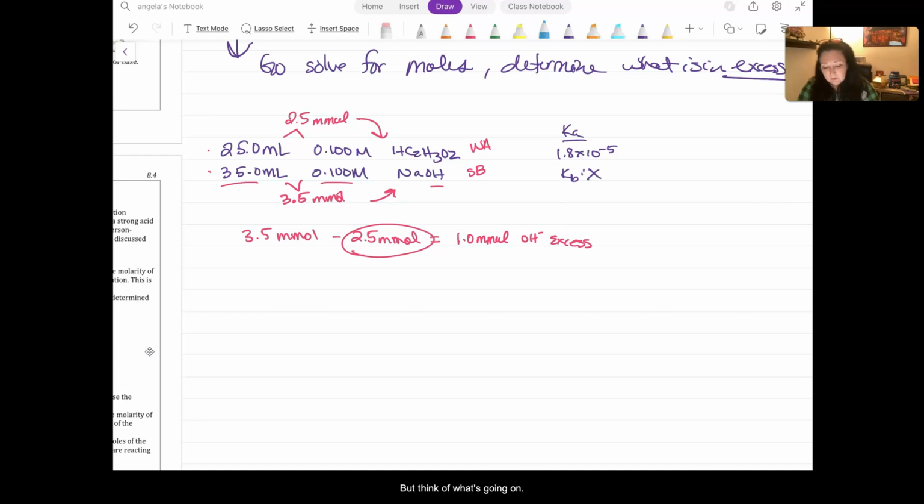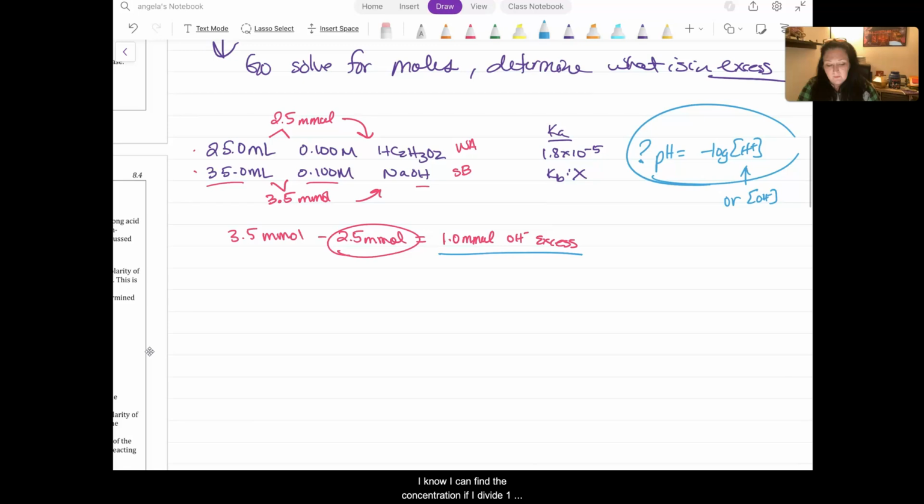But think of what's going on. I'm solving for the pH. Keep your eye on the prize. Okay? Eye on the prize. Right? I need the concentration. In order to get to the pH, I need the concentration of the H plus, or if I get the concentration of the OH minus, I can go get the pOH and still get it. So I need to find the concentration. So I have moles. I know I can find the concentration if I divide 1 millimole by the new volume. Don't forget to add them together.